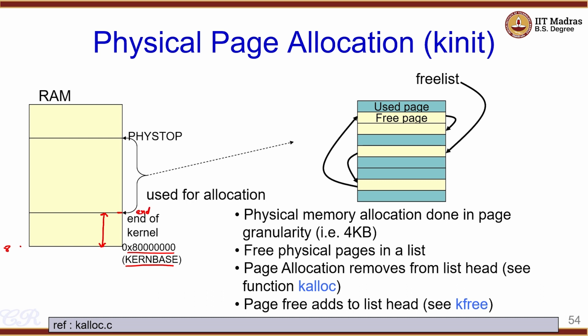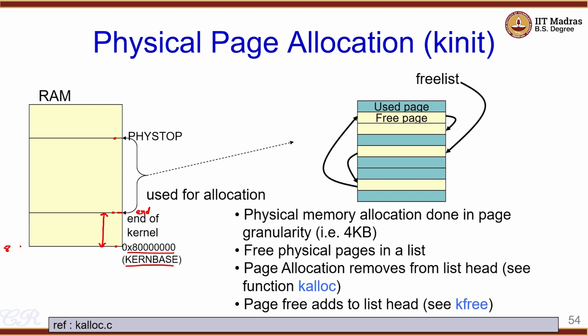So one pointer for us is this 80 million where the kernel starts, end is where the kernel ends, and physical stop is where your RAM ends, or this is your usable DRAM memory, right.